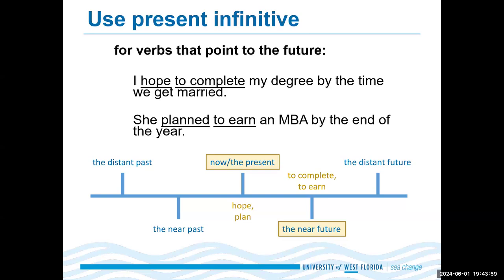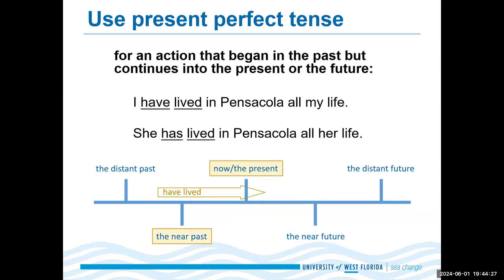Sabi niya, nagpaplano siya to earn an MBA by the end of the year. All right. So basically, that's the near past when the action or the conversation was reiterated, or sinabi ng nakarinig, regarding the planning of earning an MBA. So that's the near past as well.